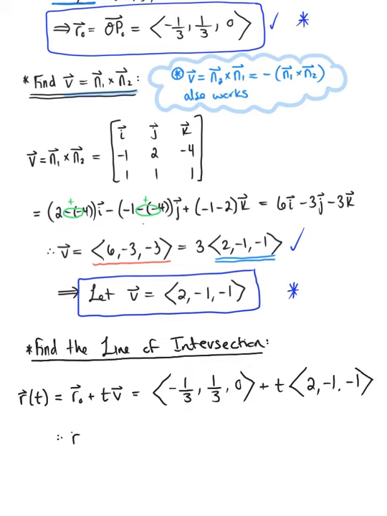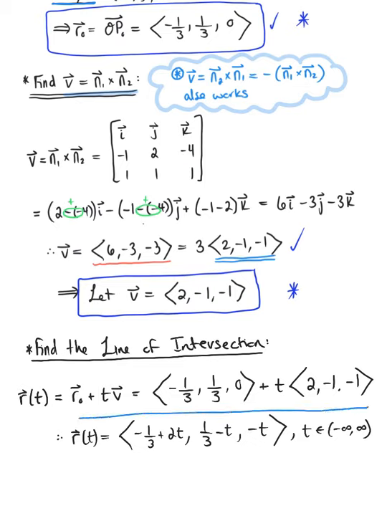Simplifying this, we are left with the beautiful vector valued equation of the line: -1/3 plus 2t, +1/3 minus t, and 0 minus t. This is a full line, so t can be any real number our little hearts desire. So this is our beautiful final answer. This is one beautiful final answer.